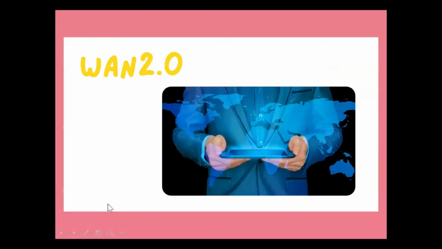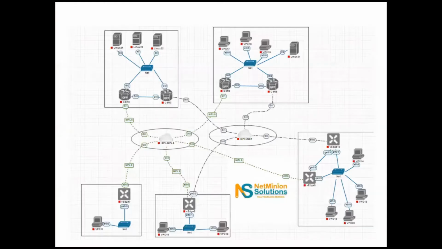Let us move on. Time changed and Cisco presented something else, which is known as WAN 2.0. Now, what is this 2.0? Same topology I am treating, and there is a concept being brought into the market, which Cisco calls IWAN, Cisco IWAN, or Intelligent WAN.